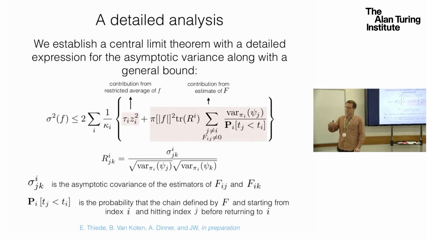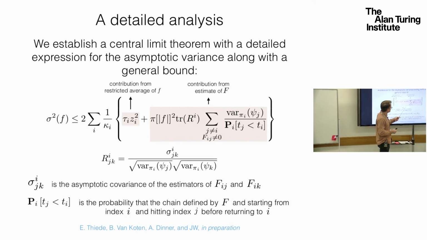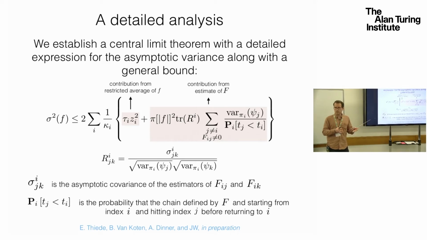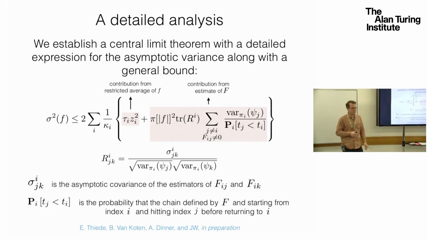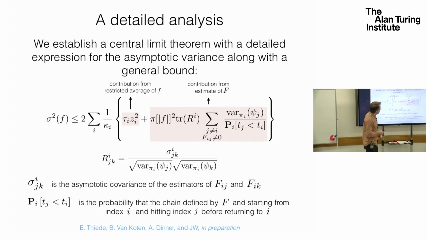So for each pi i, you have a sampling scheme which for a given observable has a given asymptotic variance. And we say, how does that translate to, first of all, a central limit theorem for the algorithm, and second, a bound on its asymptotic variance. The bound on the asymptotic variance I won't go too carefully through. I will just use it to show you some consequences.